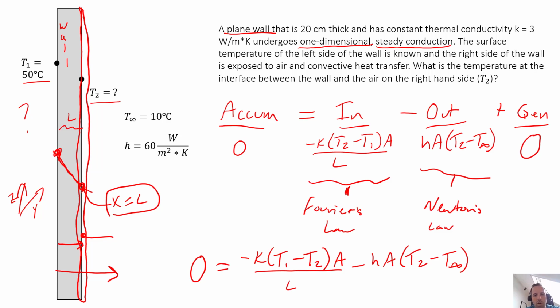Now we have one equation and one unknown, because k is known, T1 is known, L is known. A, actually, I misspoke, A is not known. However, if we rearrange this equation, we can just take A out of there, or we could assume the wall is 1 meter by 1 meter and plug that in as a basis, but I'll just choose to delete it. So we know h and we know T infinity.